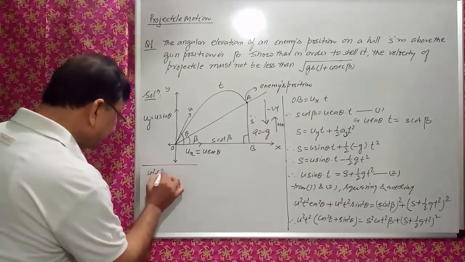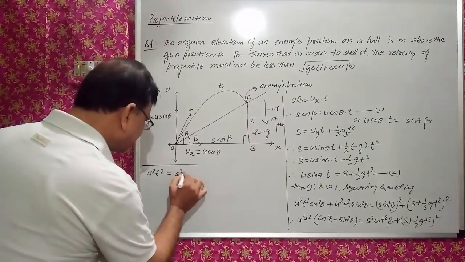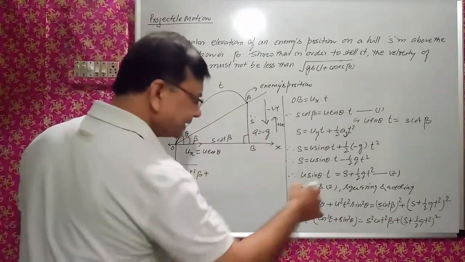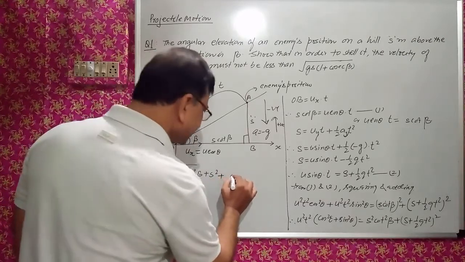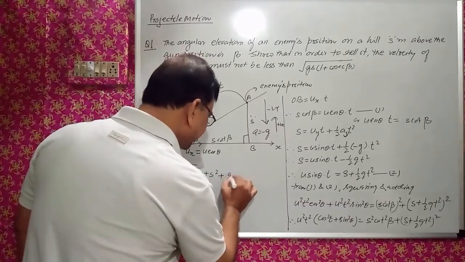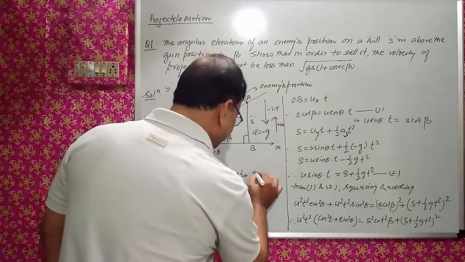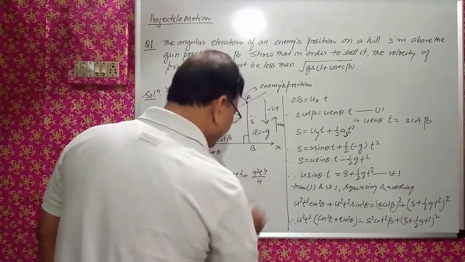U square t square is equal to s square cot square beta plus, squaring the other term, that is s square plus gst square plus g square t to the power 4 upon 4.